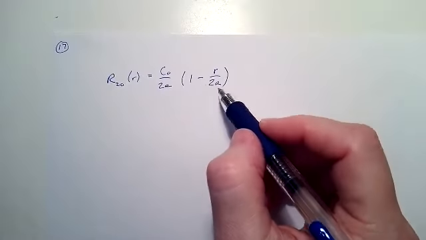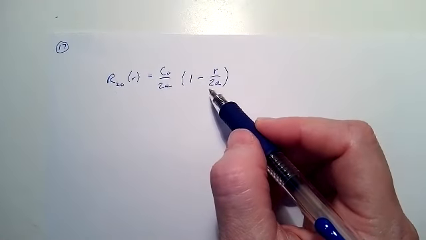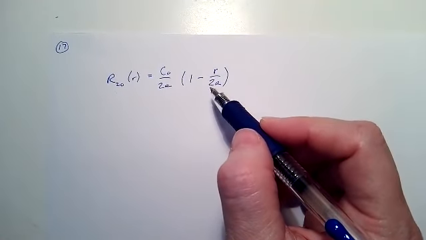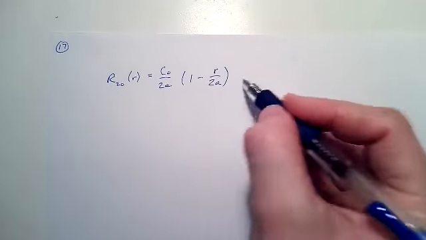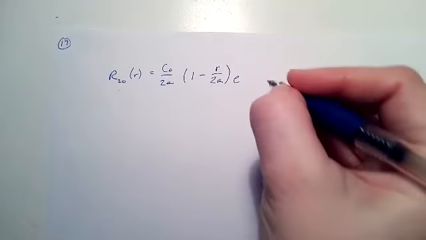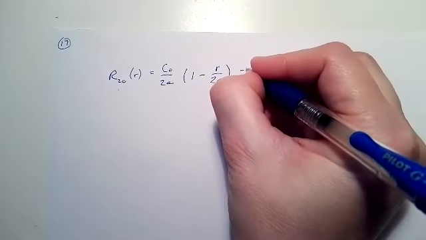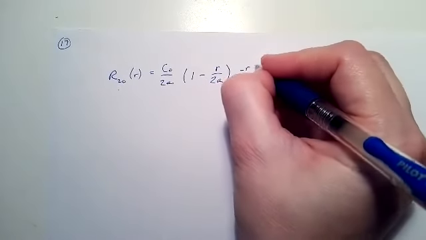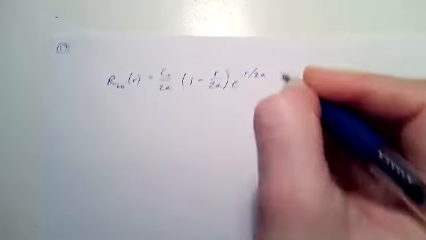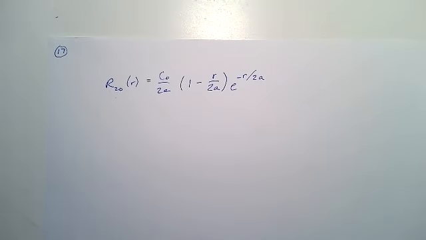And that is coming from substituting in for rho equals r over a times n, right? And then e, it's our natural number e, not our charge, to the minus r over 2a.